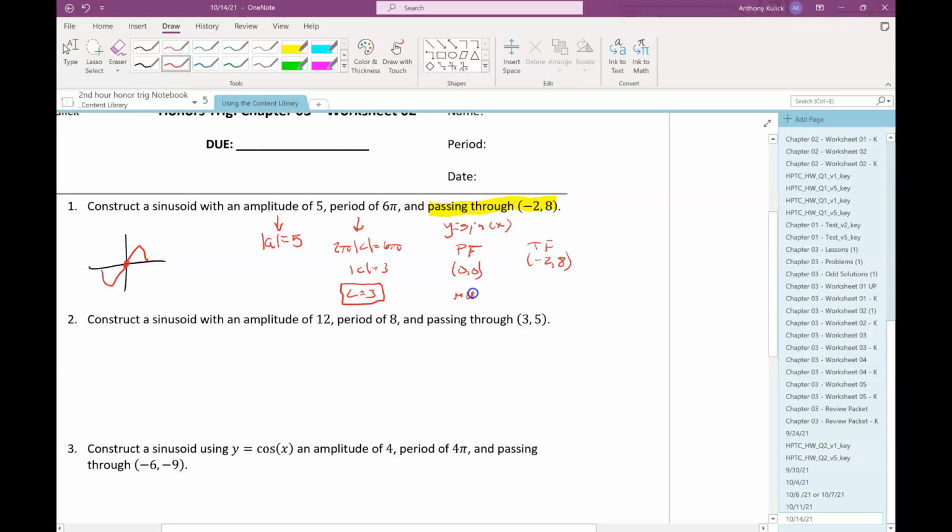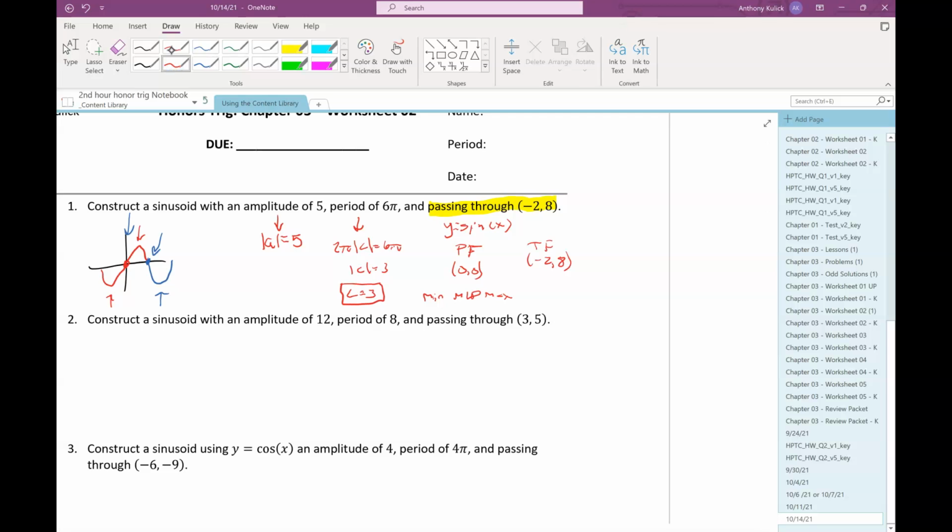And there are actually two different kinds of midline points. Notice left of (0, 0) is a minimum, and to the right is a maximum. But at the other midline point, left of that is a maximum, and right of that is a minimum. So there are two different kinds of midline points. Is that okay?